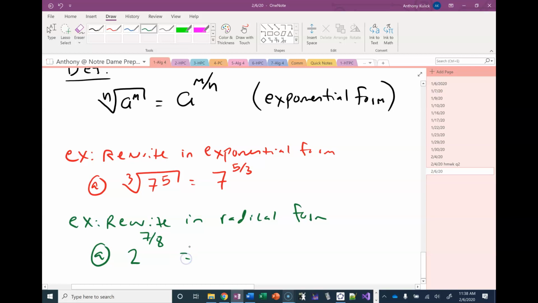So what if we have 2 to the 7/8 and I want to rewrite that in radical form? What kind of radical is this? What is the index on the radical? It's 8, right? So this is an 8th root of what number? 2 to the 7th.